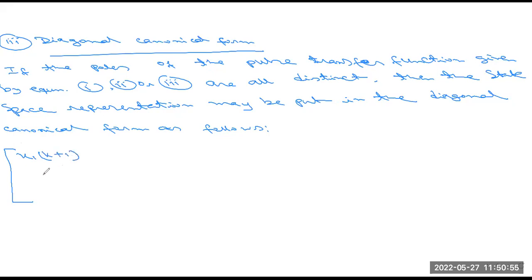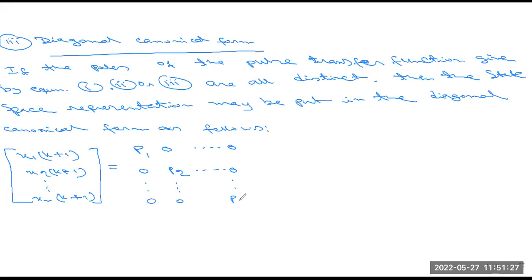First x1(k+1), x2(k+1), dot dot, xn(k+1). So this is the diagonal form, p1, 0, dot dot, 0, then 0, p2, 0, 0, and finally 0, 0, pn. So here you can see this is the diagonal form, p1, p2, pn. Okay, so this is called the diagonal form of the diagonal matrix.